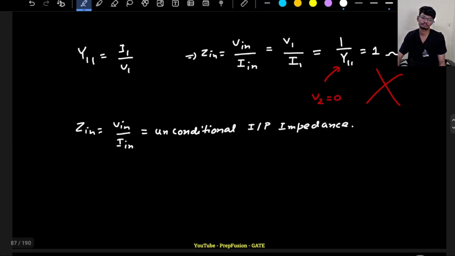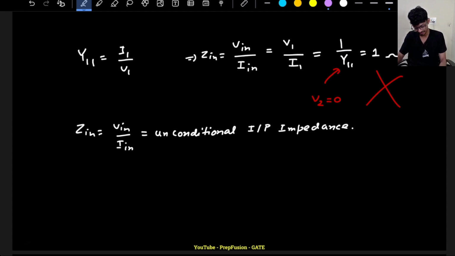So of course we are wrong. How can we solve it? There are many ways to solve. We can use the Y parameters. What are the Y parameters?